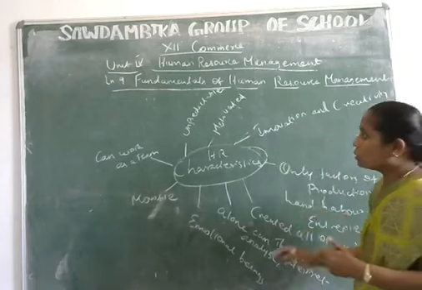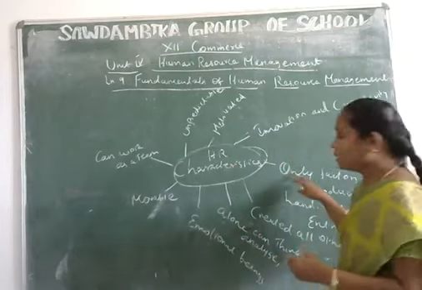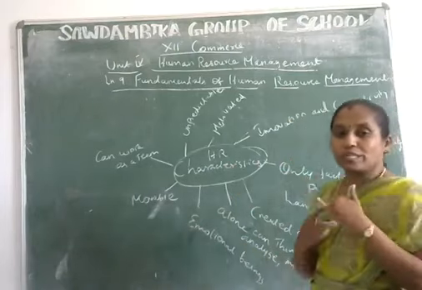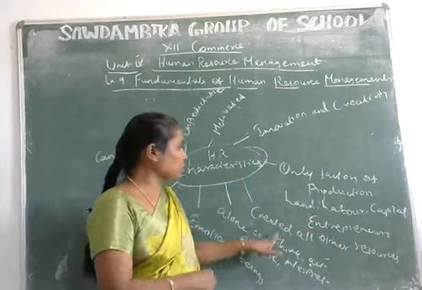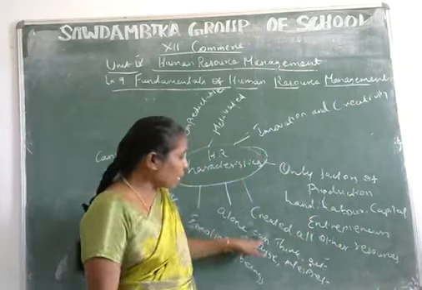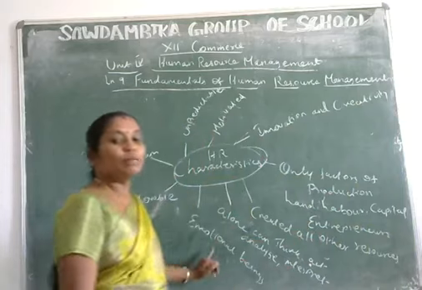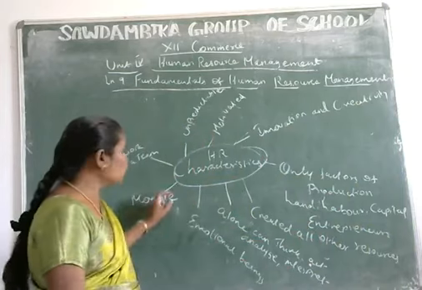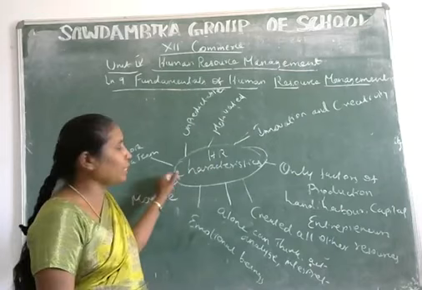So these are the characteristics of the human resources. Number one, human resources are the only factor of production that lives. Next, human resources created all other resources. It alone can think, act, analyze and interpret. They are emotional beings, and human resources are movable and can work as a team.